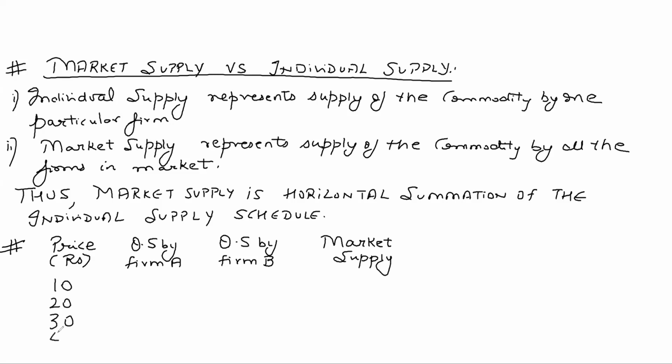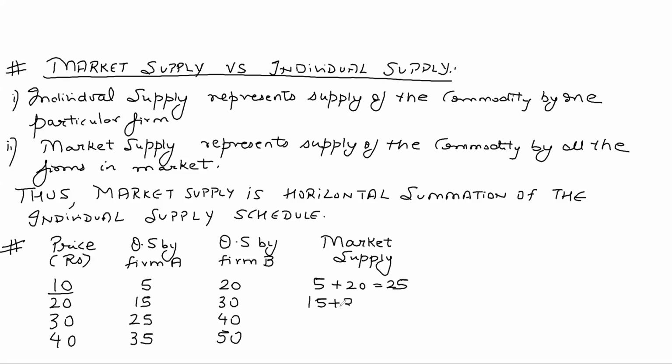So suppose, guys, this is our price. I can arbitrarily take any values. So these are the individual supply schedules. How will I find market supply? At the price of 10, I add 5 plus 20, 25.